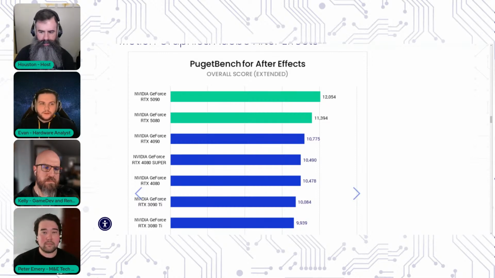For the most part, no. The issue is it depends, as always. When you look at the overall scores, yeah, there's going to be a bit of movement. I'd have to double check where exactly it is, but I think in After Effects you might see a slightly higher score with the 285K, and you might see a slightly lower score in DaVinci Resolve.